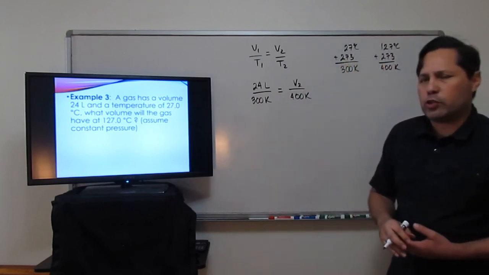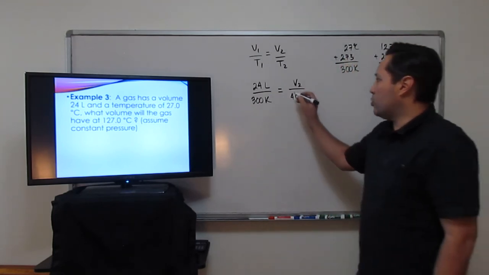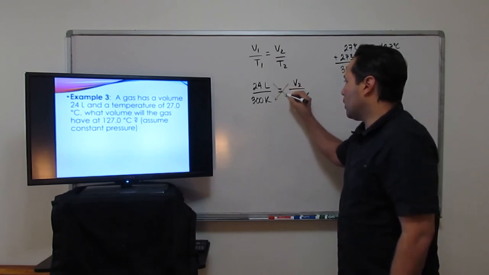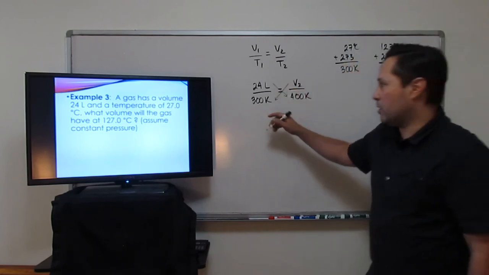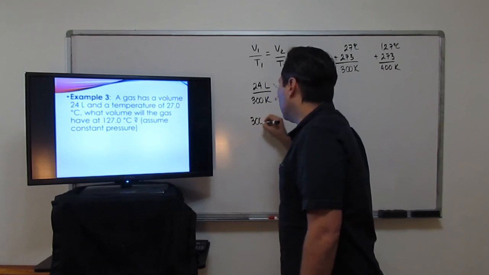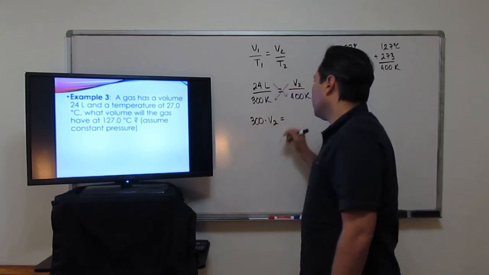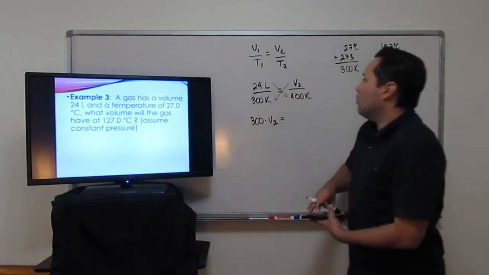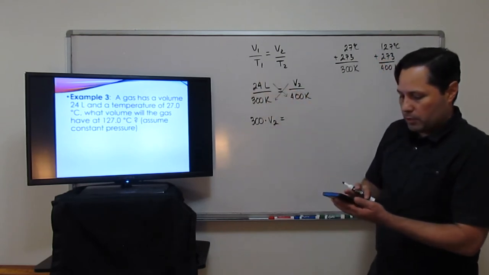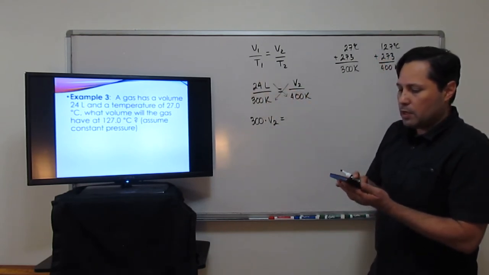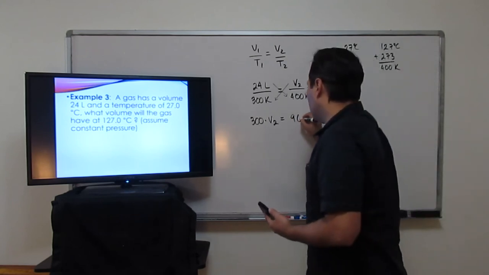Now we can solve this problem. The easiest way to do this is a little cross multiplication. We multiply V2 times 300 Kelvin, so it'll be 300 times V2. On the other side, we get 24 multiplied times 400. 24 times 400 gives me 9600.